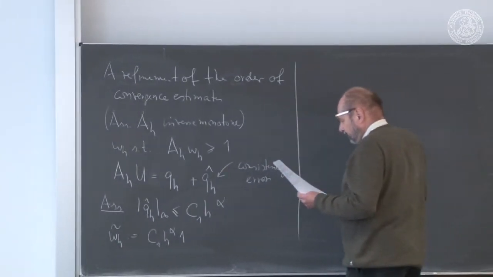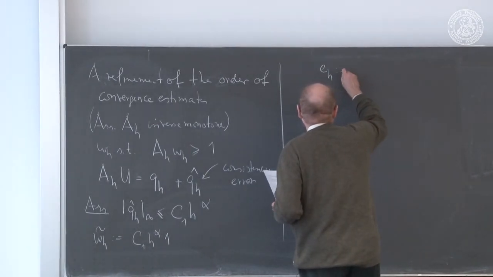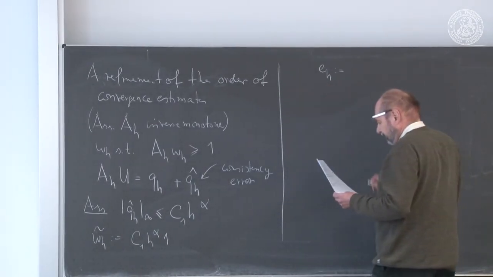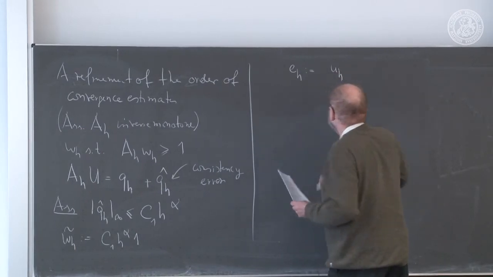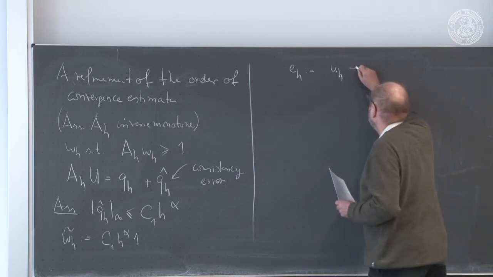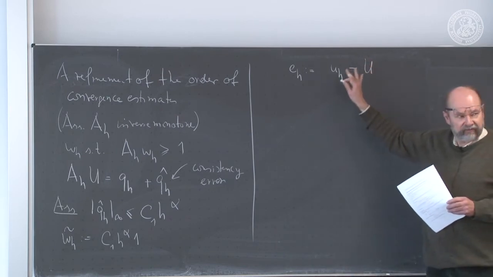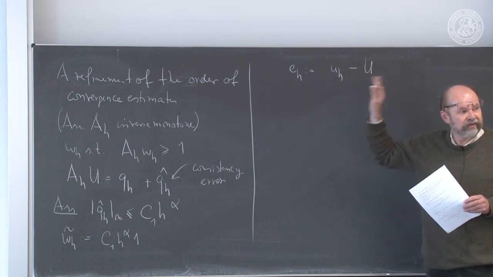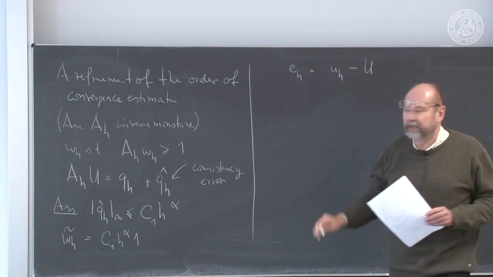Then, just by plugging it in, if I again define with e_h now the error, so e_h should be u_h, the grid function we are computing, our approximation, minus the grid function u, the exact solution. But this is now a grid function, it's not a norm. We look at the full error function, not at the norm of the error function at the moment.